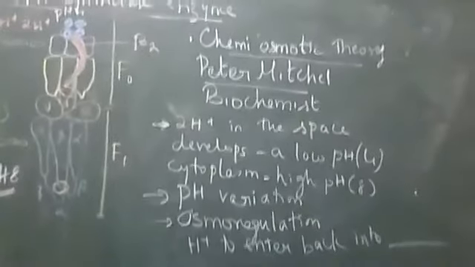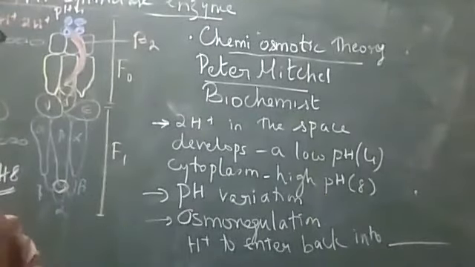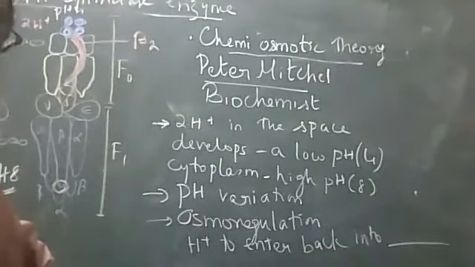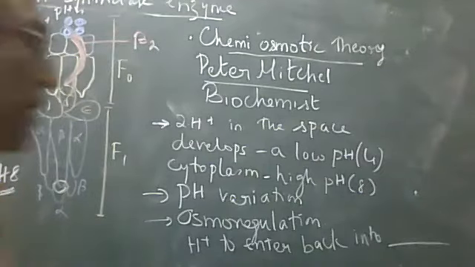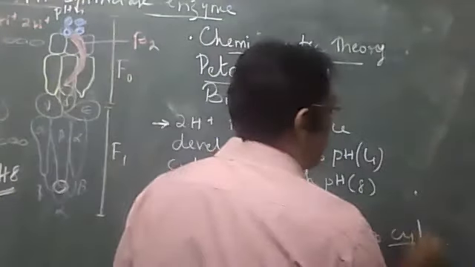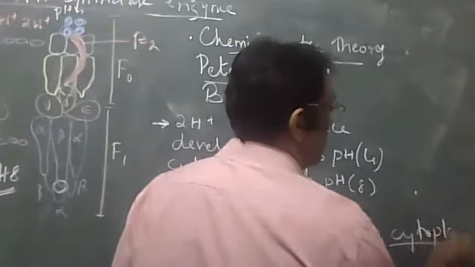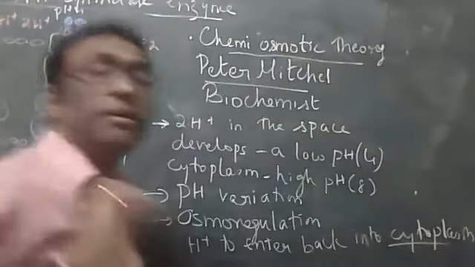To regulate the pH, where should it enter? Any of you can answer? Try to guess. Into the cytoplasm, sir. Yeah, enter back to cytoplasm, so that the pH is regulated. That is the meaning.